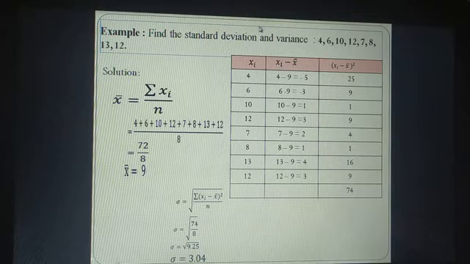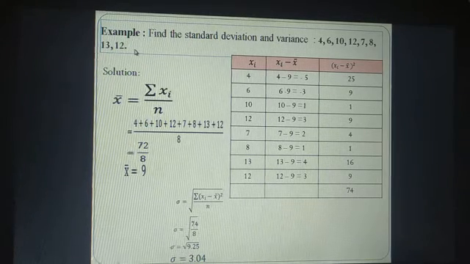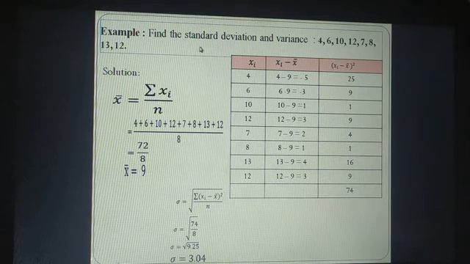Let's see the example. Find the standard deviation and variance of this data: 4, 6, 10, 12, 7, 8, 13 and 12. To find the standard deviation of ungrouped data, first we have to find the mean using this formula: x bar is equal to sigma xi upon n.